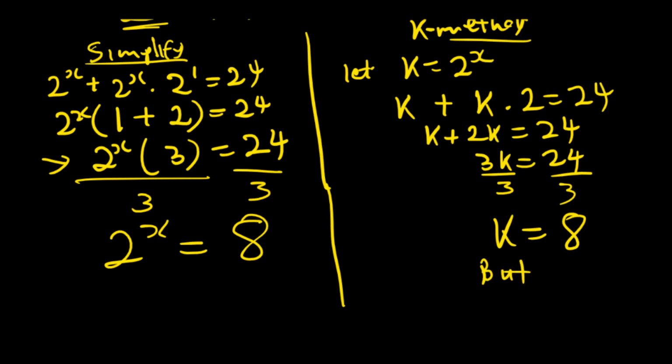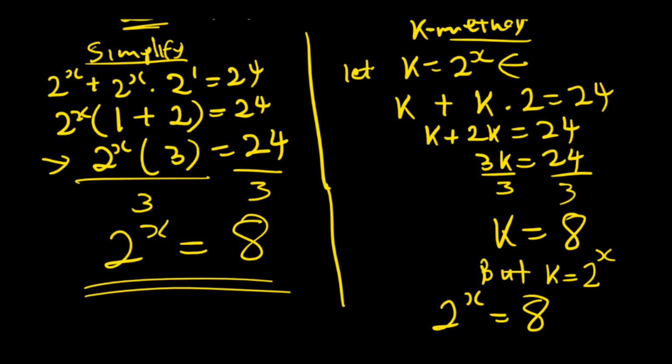But we said k is equal to 2 to the power of x in the previous section of the problem, so, oops, I made a mistake. It's going to be 2 to the power of x is equal to 8. The same goes here.